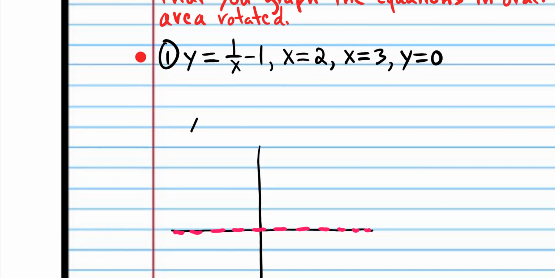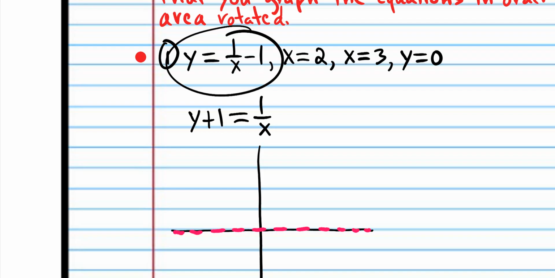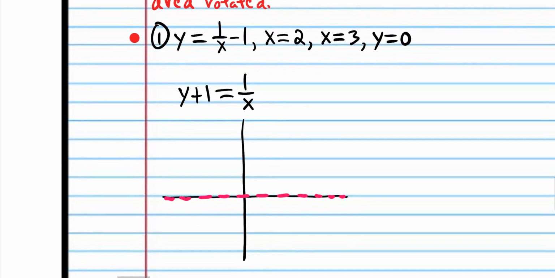So what we're going to do is we're going to add 1 to both sides, and now we can see that this equation, which is the same as this equation, is just moving the graph down 1 unit. Whenever you add something to y or x, you move to the left or down. If you subtract something from y or x, you move to the right or up.